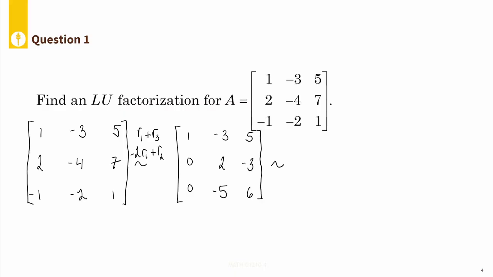Except here, do not make that 2 a 1. Leave it as a 2. Five halves row 2 plus row 3 should zero out that negative 5.